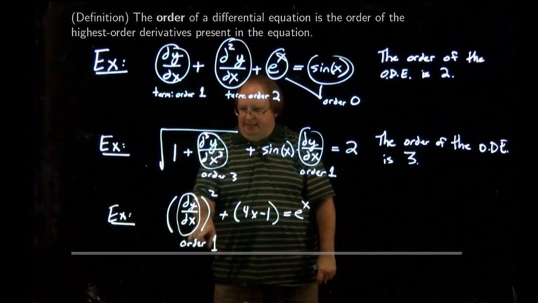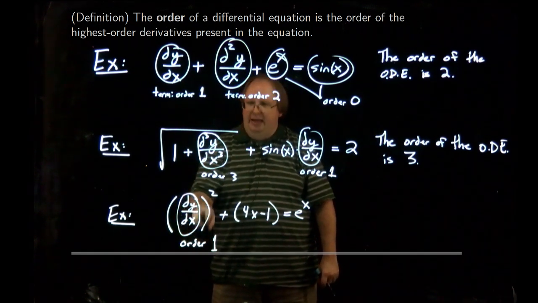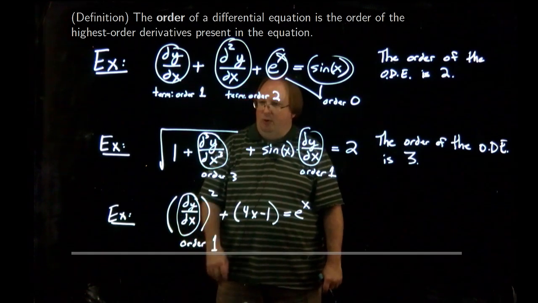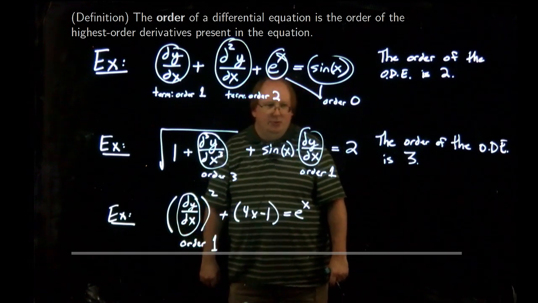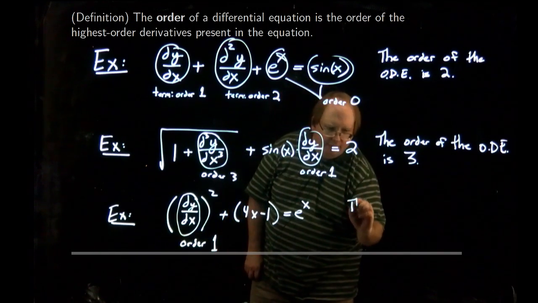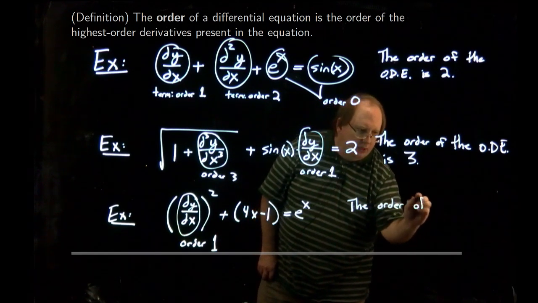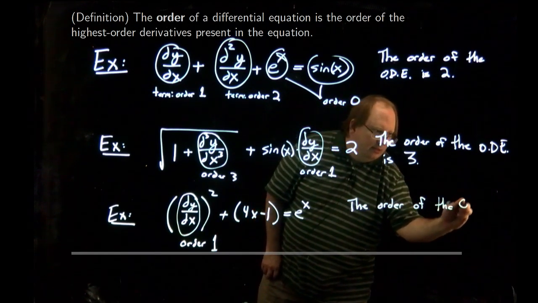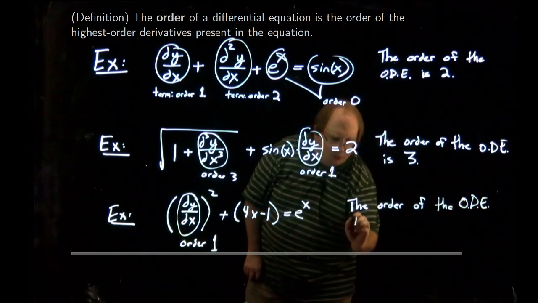Remember, this is saying take the derivative of y with respect to x and just multiply it with itself twice. But you're only taking one derivative. So sometimes people tend to miss that. So here, the order of the ODE is 1.